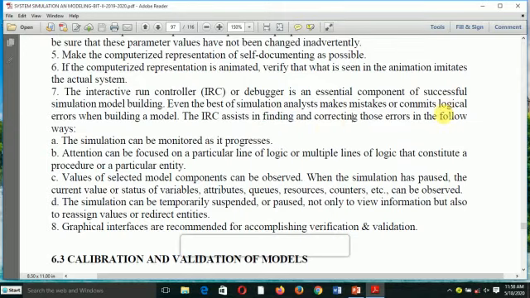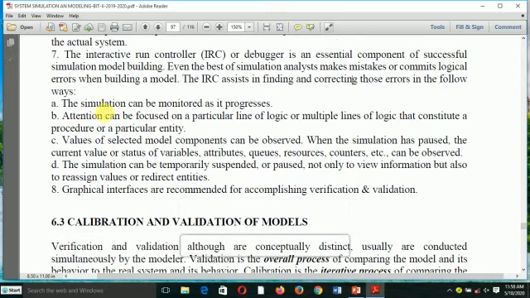In the following way: the simulation can be monitored as it progresses. It means whenever you run the simulation, the debugger will monitor the simulation as it progresses. As the simulation progresses in time, the debugger will monitor it progressively also.